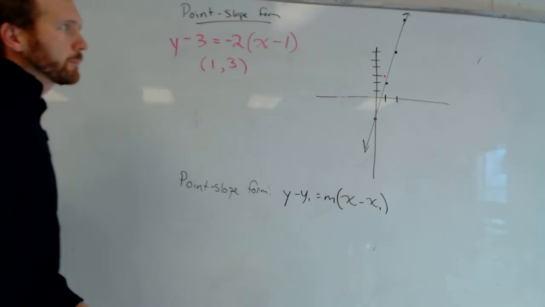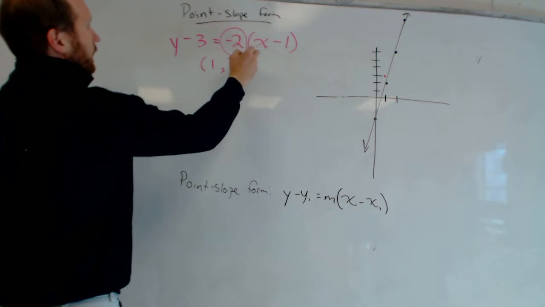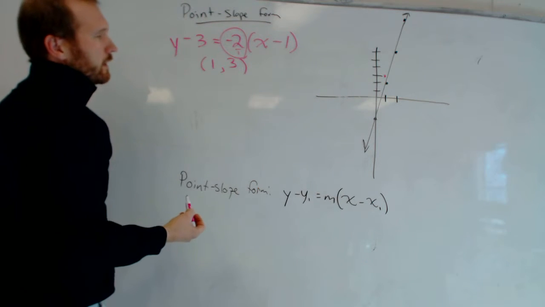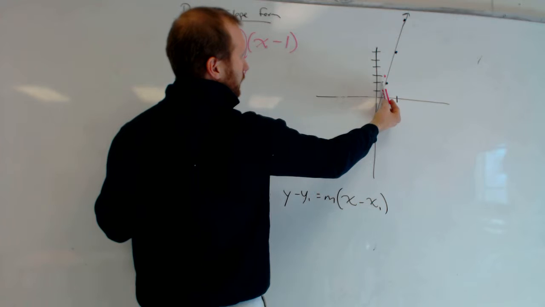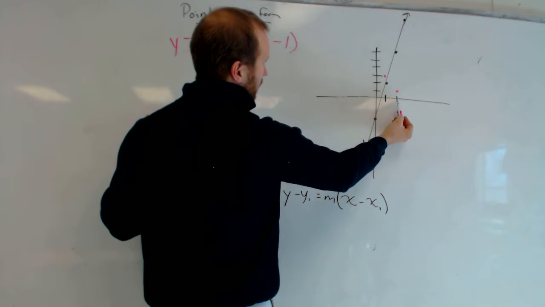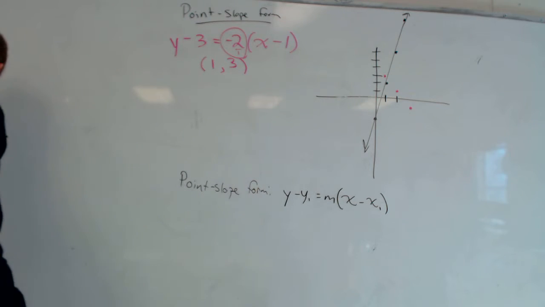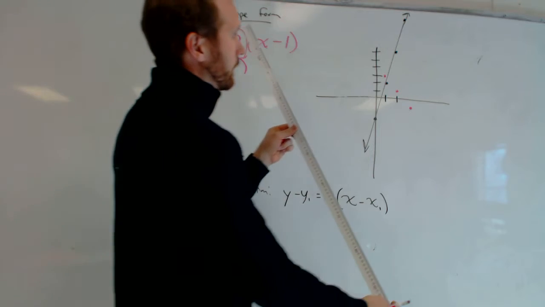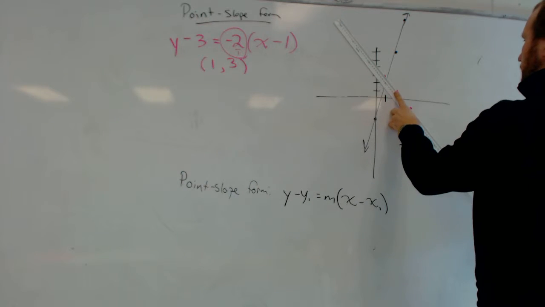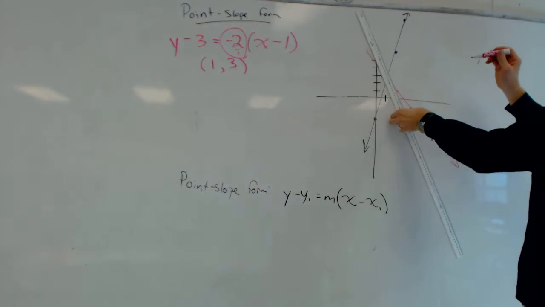Right there. And then how do I find another point? Slope. Okay, what is my slope? Negative 2 over 1. So I go down 2 over 1. Down 2 over 1. So there's that.